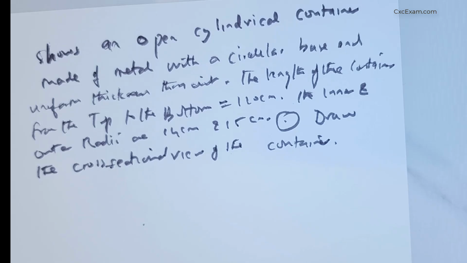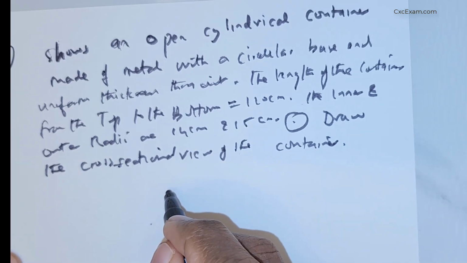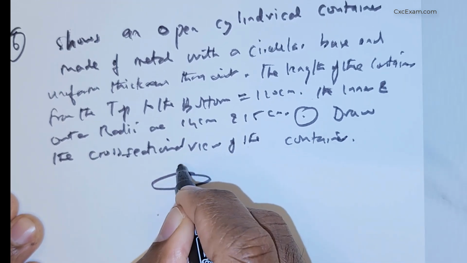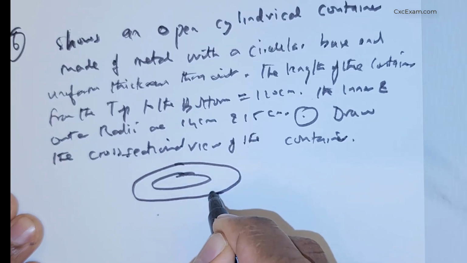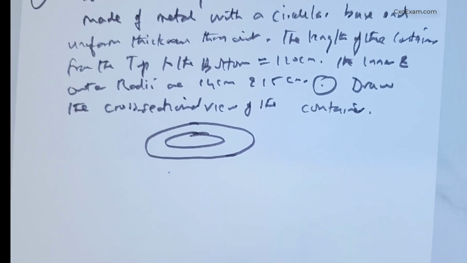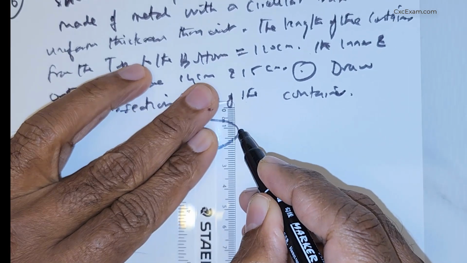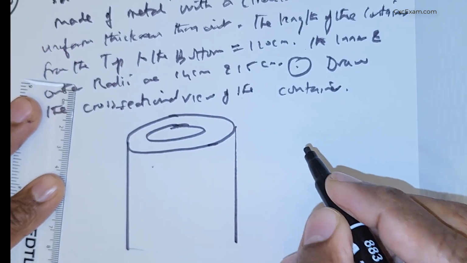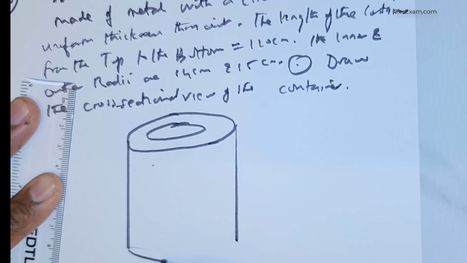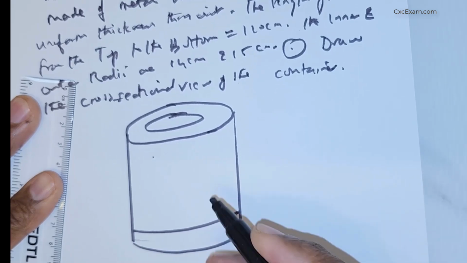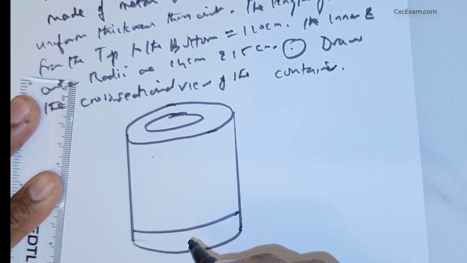Okay, now let me show you how the container is actually drawn in the figure. So you have this in the figure. The figure is not to scale. Now, if I were to draw this, we have the circular base, and then the distribution is in this fashion.